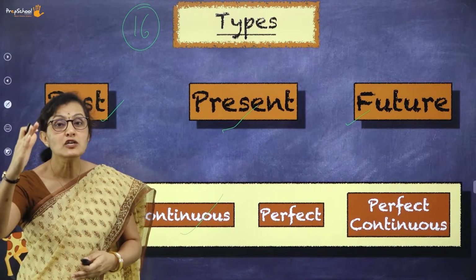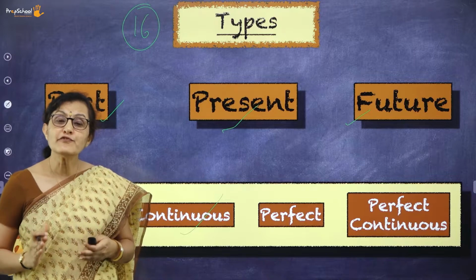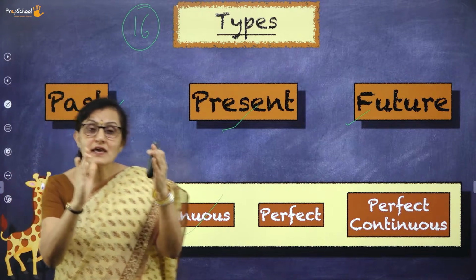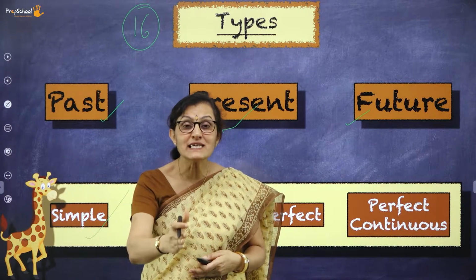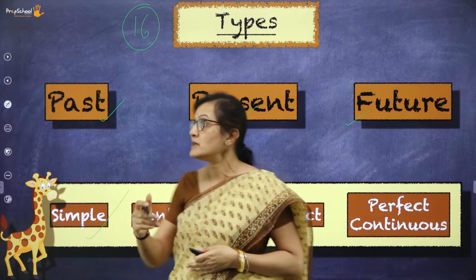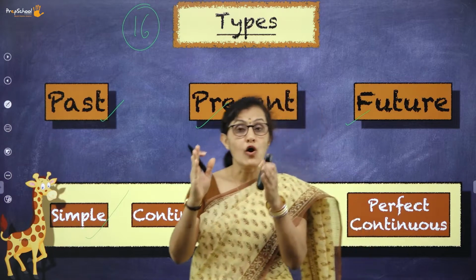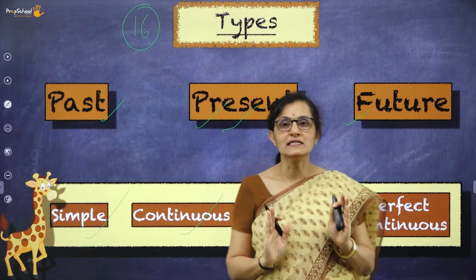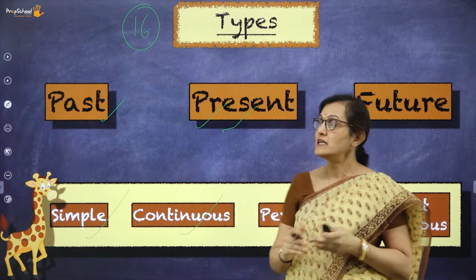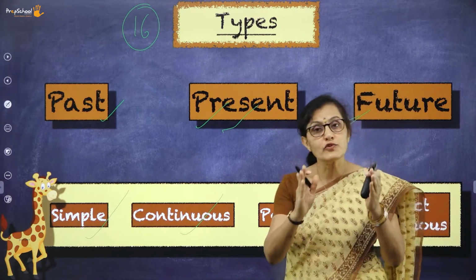The teacher taught the lesson. But if I say the teacher is teaching the lesson, that is right now, presently the teacher is teaching, so that becomes present tense. Or if I say the teacher will be teaching the lesson, then it is future tense. So I come here to the future tense.